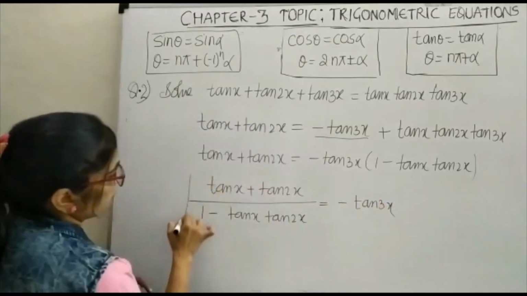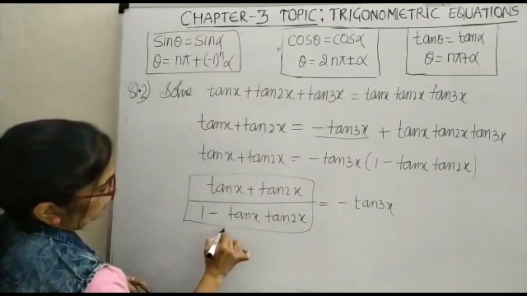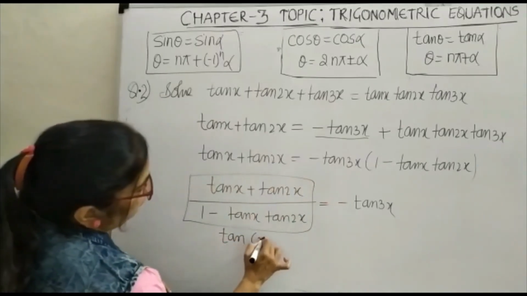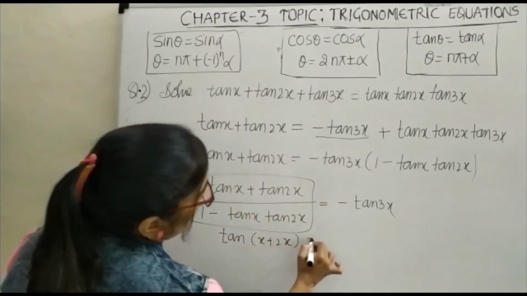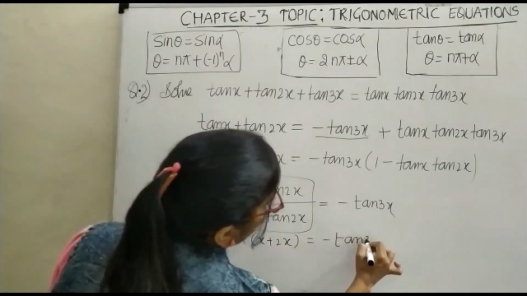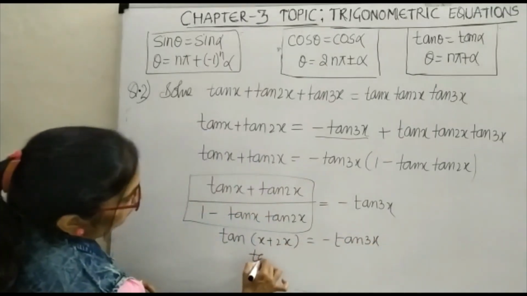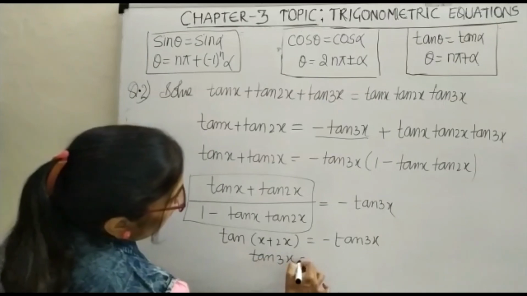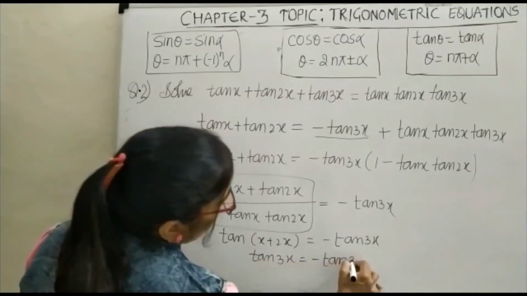Now you know that this is the formula for tan of x plus 2x, so tan 3x is equal to minus tan 3x.